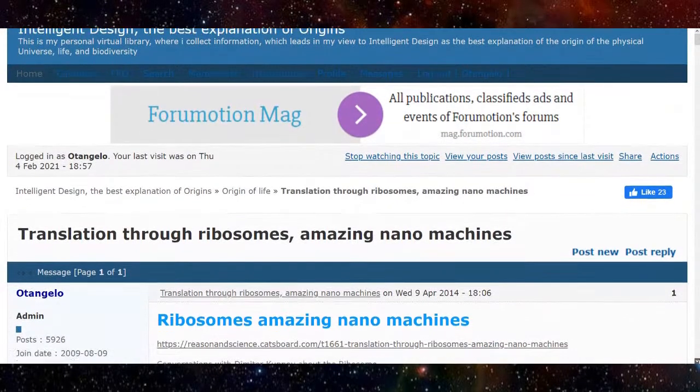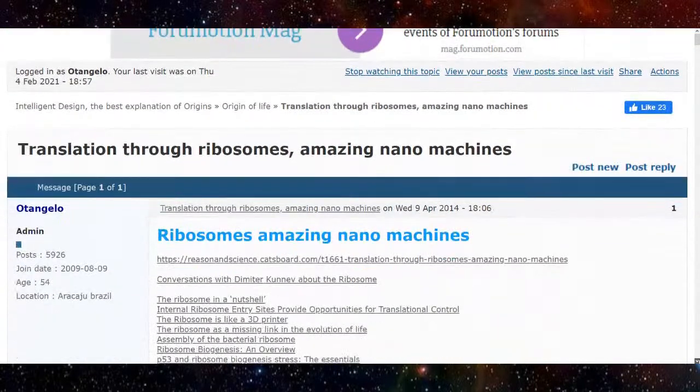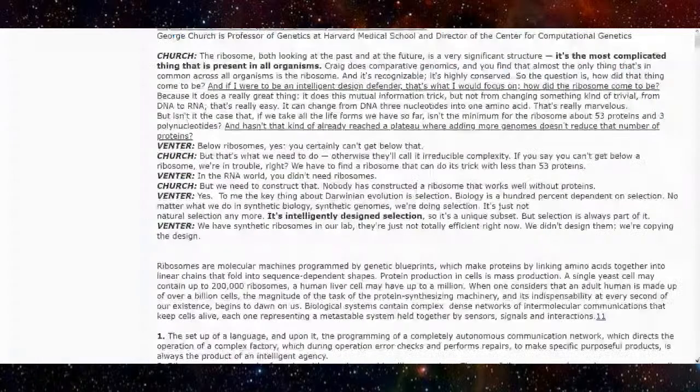Church: the ribosome, both looking at the past and at the future, is a very significant structure. It's the most complicated thing that is present in all organisms. Craig does comparative genomics, and you find that almost the only thing that's in common across all organisms is the ribosome, and it's recognizable.